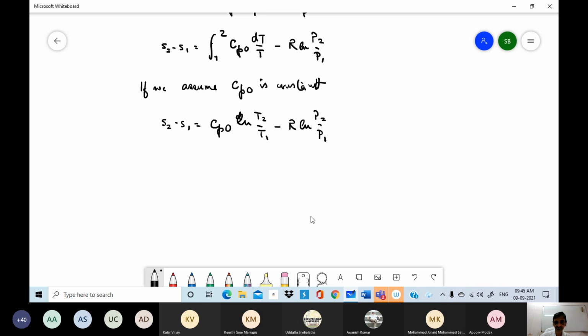Now from this we can deduce a relation between pressure and specific volume for an adiabatic process. So if I have an adiabatic process, in a reversible adiabatic process, the entropy change is 0.